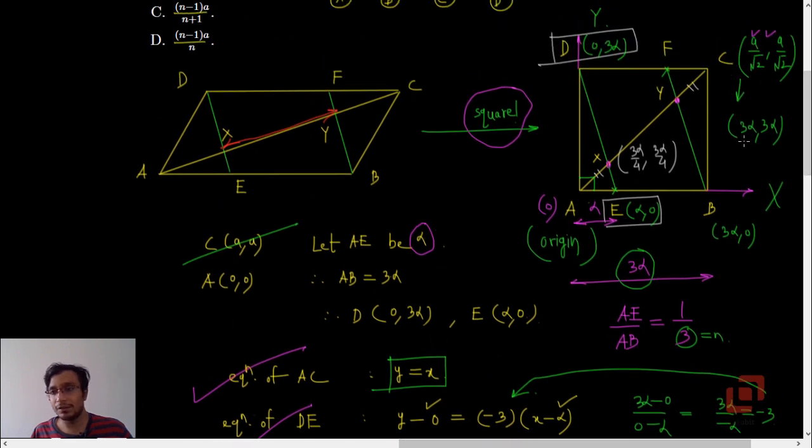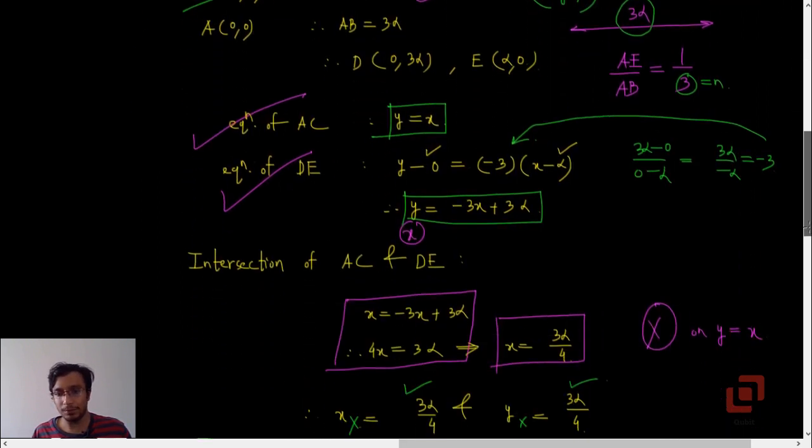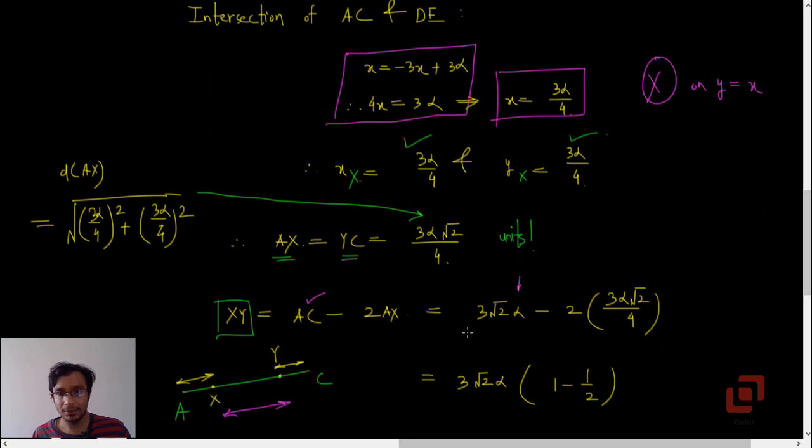So if the coordinates of C are 3 alpha comma 3 alpha, its distance from point A or the origin is going to be 3 root 2 alpha. The other way to arrive at that result is, if the side of the square is 3 alpha, its diagonal is going to be 3 alpha into root 2. That's what I have done here. 3 alpha into root 2 minus 2 times AX, 3 alpha root 2 upon 4.